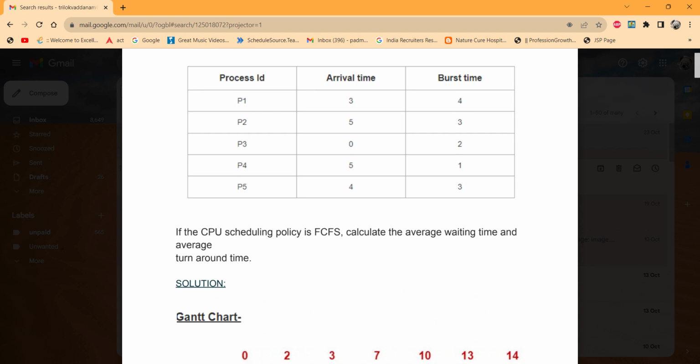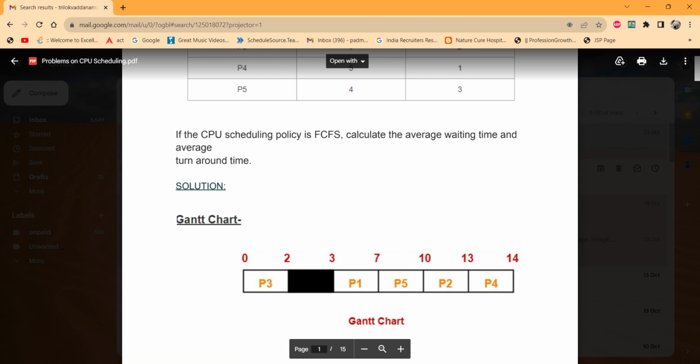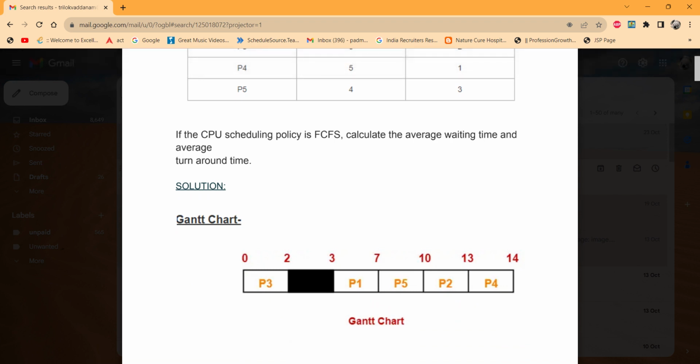The CPU is idle. So process P1 is arriving only at the arrival time of 3, which means that the particular CPU is idle from 2 to 3. As you can see in the Gantt chart, from arrival time 2 to arrival time 3, there is no other process that arrived in between.